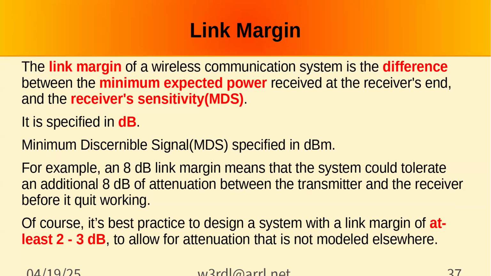So the minimum discernible signal is one limit, and the minimum expected power that you're going to be receiving, and that difference is your link margin. You normally want that to be in the neighborhood of at least 10 dB. I think down here they say 2 to 3, but that's pretty small because you can have more variation than that.